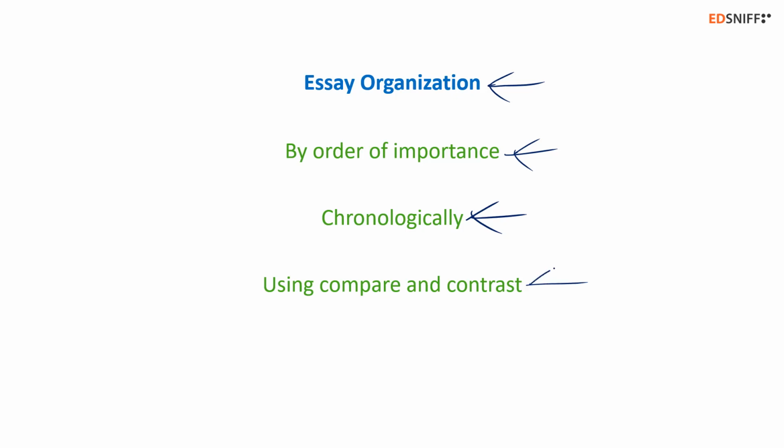And another common structure or organization for writing an essay is to use compare and contrast. So to compare is to talk about similarities, and contrast is to talk about differences.